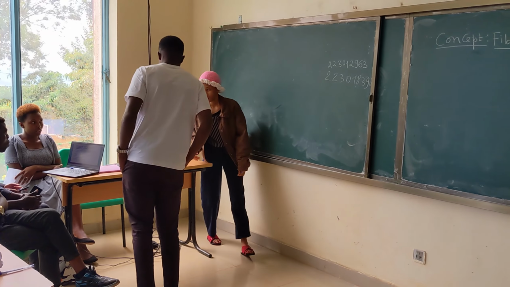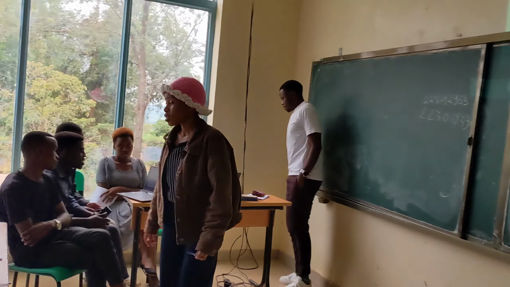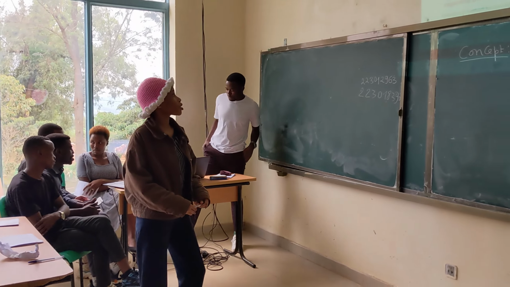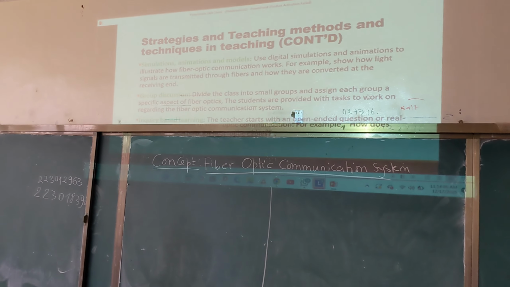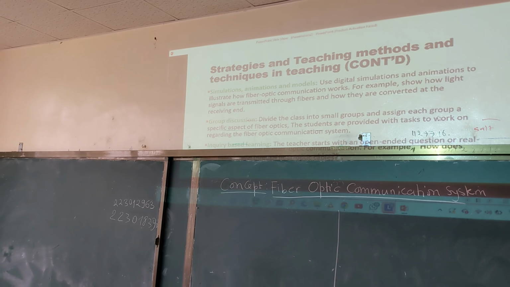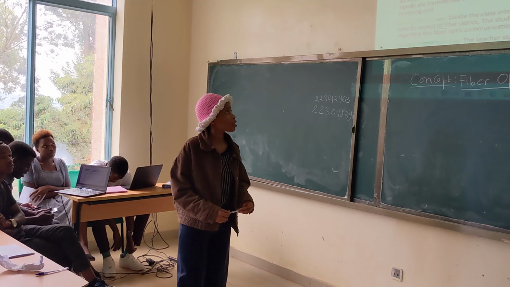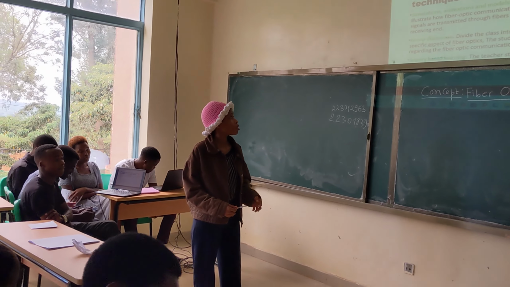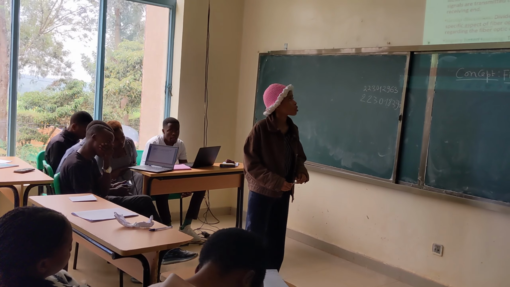Thank you so much again. I'm going to talk about simulation, animation, and models. As my colleague said, simulation, animation, and models can be used to teach fiber optics by a teacher using digital simulation and animation to illustrate how fiber optic communication works.